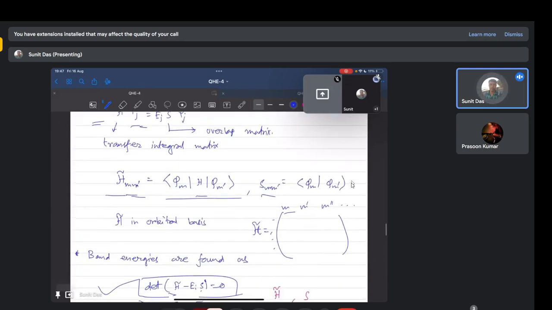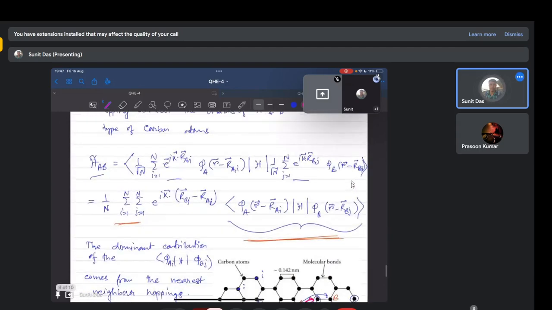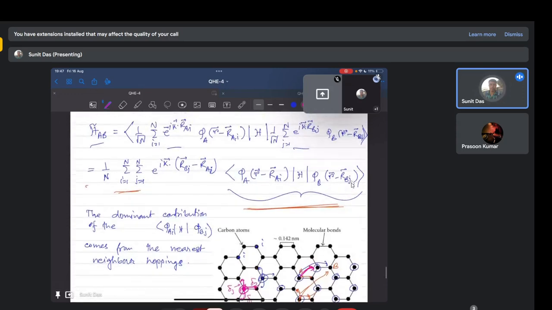So this was my S, without any Hamiltonian in between. So you can think from this expression itself, this Hamiltonian will not be there. The rest of the things are the same for SAB, because here also we have A type of atom representation, and here also B type of atomic representation.